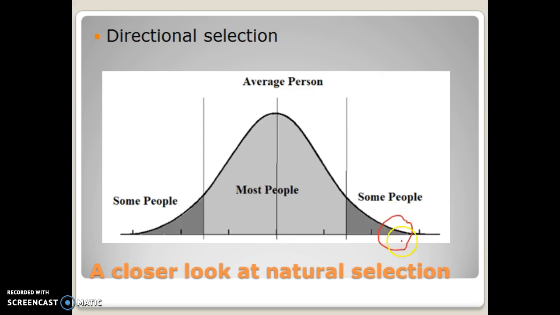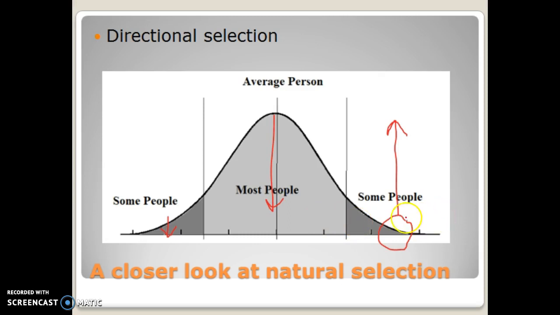So what happened to the next generation of birds? Well, in the next generation of birds, there were a lot more with these large beaks. There were almost none with the small beaks, so they declined dramatically, and most birds, the average, decreased as well. So we have a shift in which traits are more common.